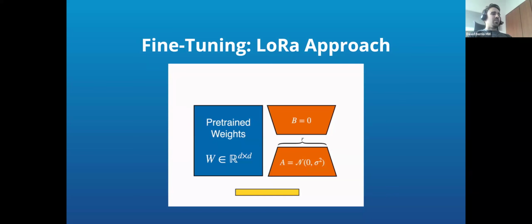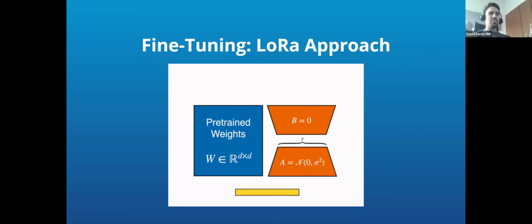The good thing about fine tuning is that fine tuning a 7 billion model with our regular approach will also be very hardware demanding, but we have this LoRA approach, which is very interesting because basically we are not going to fine tune the whole model.